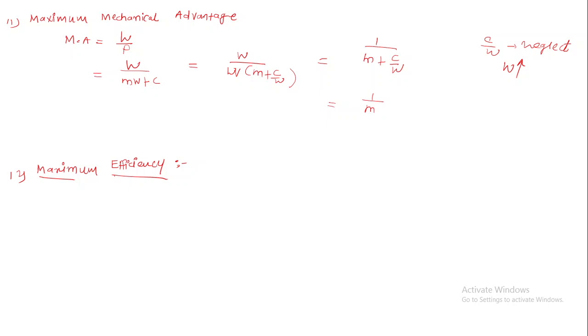So what is maximum efficiency? The ratio of maximum mechanical advantage to the velocity ratio is called as maximum efficiency. So maximum efficiency is equal to the ratio of maximum mechanical advantage to the velocity ratio into 100, which is equal to 1 by m into 1 by velocity ratio into 100.